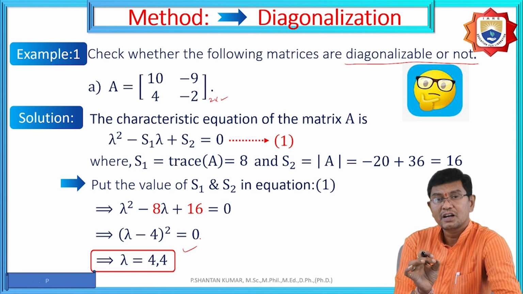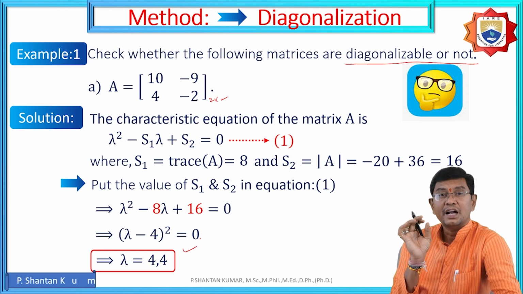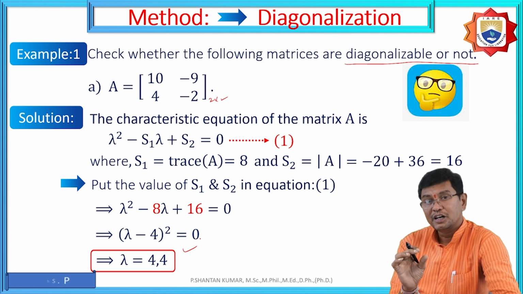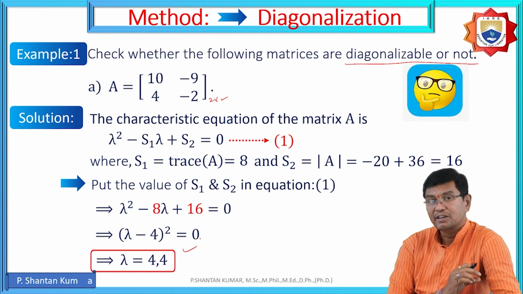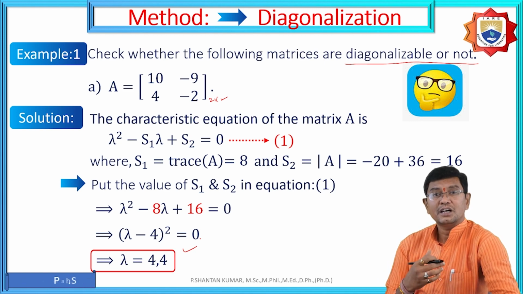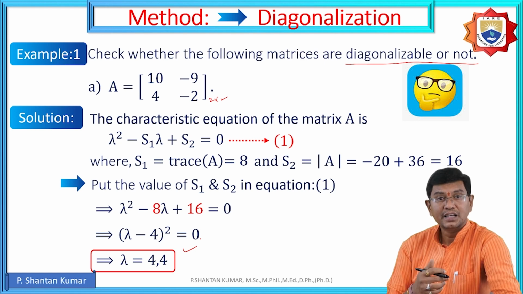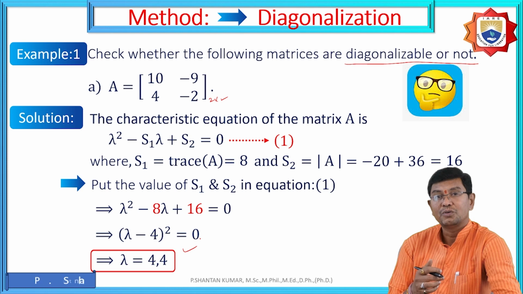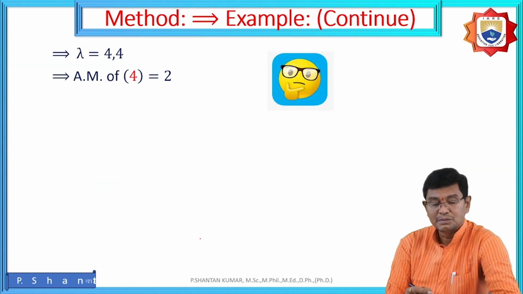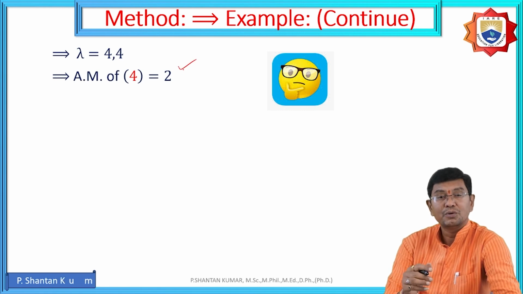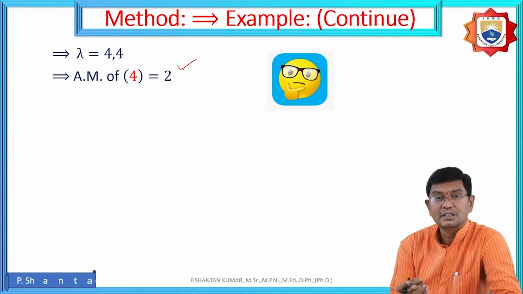For example, 4 is an eigenvalue repeated 2 times. Therefore, the algebraic multiplicity of lambda equal to 4 is 2.